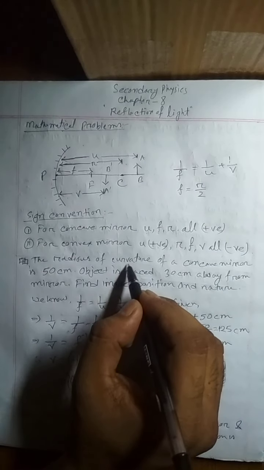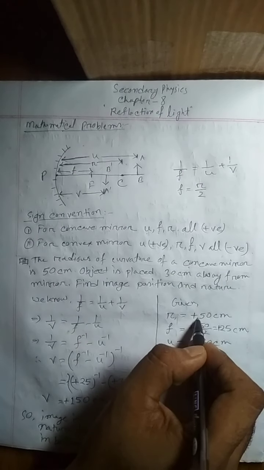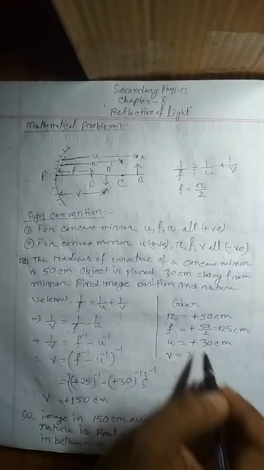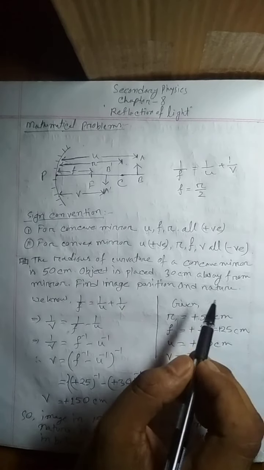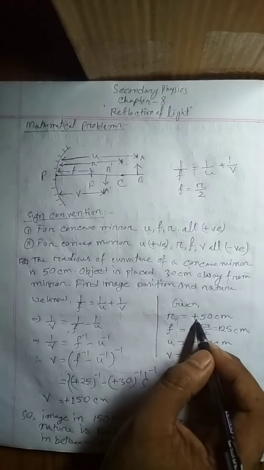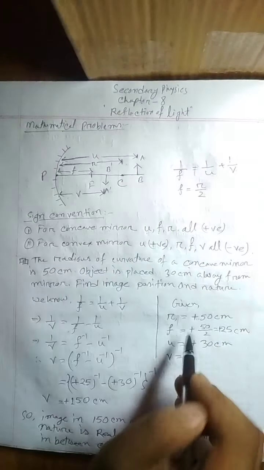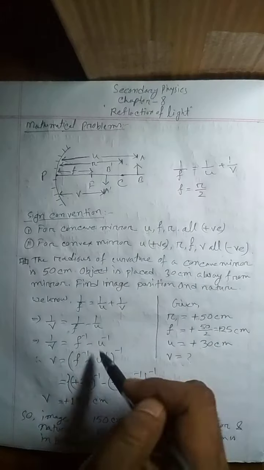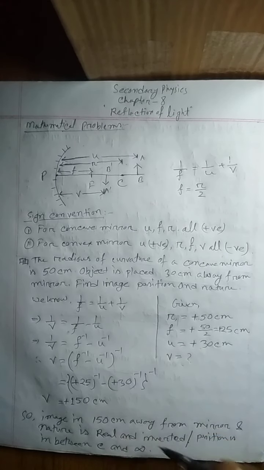There's a concave mirror and the radius of curvature was 50 centimeter. The object was 30 centimeter away from the mirror, and find the image distance, image position, nature. So the plus comes from the sign convention. If f is half of r, I give it, and I have to find v. Now I put the formula and then I do the math as it is, as we do any math in algebra.